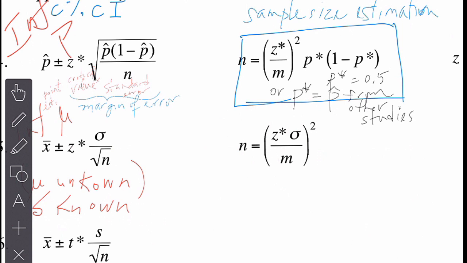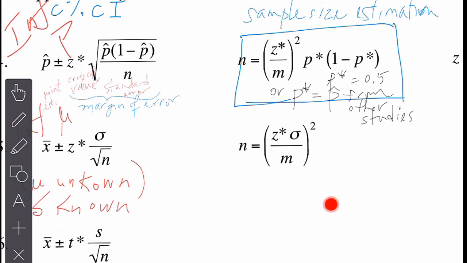And this is for a simple random sample. Okay, if you have a different kind of sample strategy, then similarly you would have to estimate the sample size with some sort of formula, but this is how you do it for a simple random sample. In fact, I didn't mention it here, but in sampling theory there's a set of formulas.